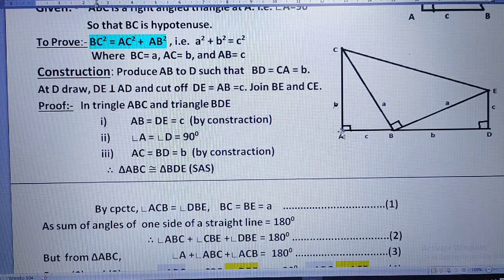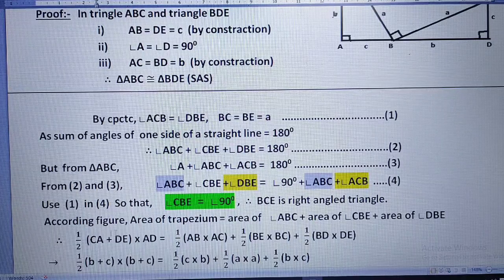You know the relation: this trapezium consists of three triangles, triangle ABC, triangle BDE, and triangle CBE. So the area of the trapezium is equal to the area of triangle ABC plus the area of triangle CBE plus the area of triangle DBE. We know that the area of a trapezium is half into the sum of the parallel sides into the height.